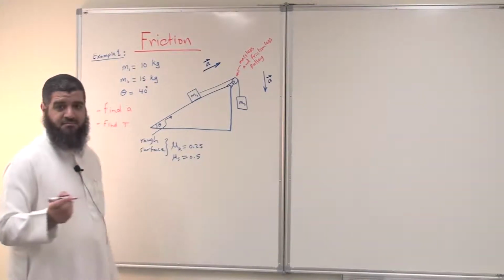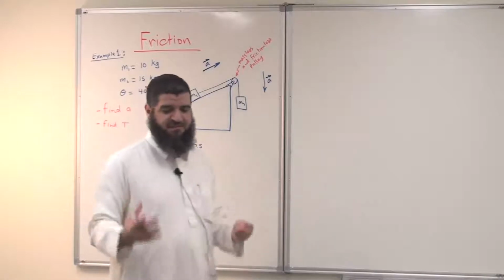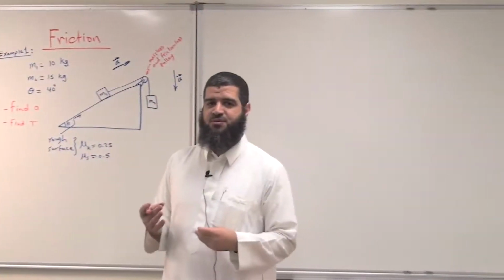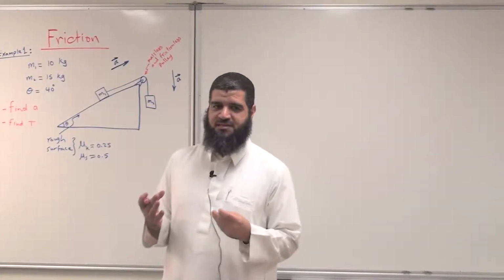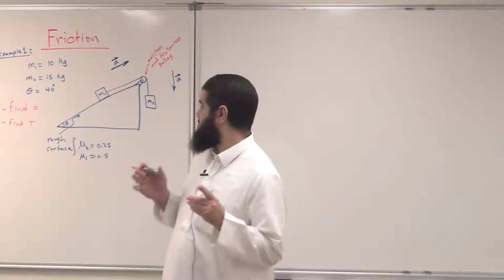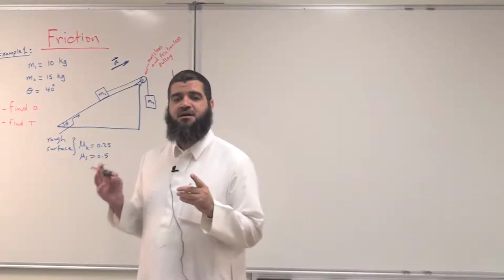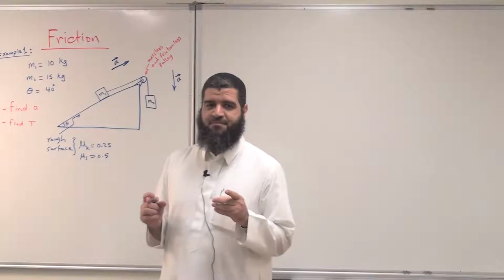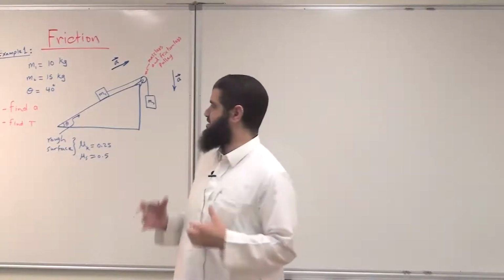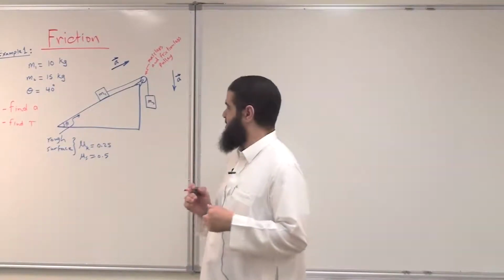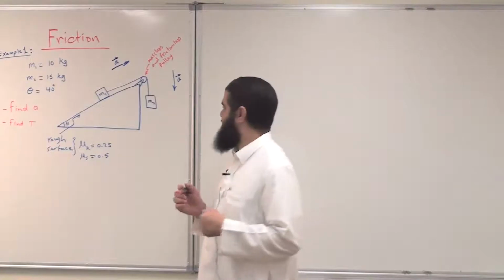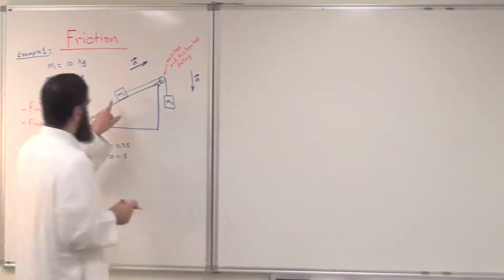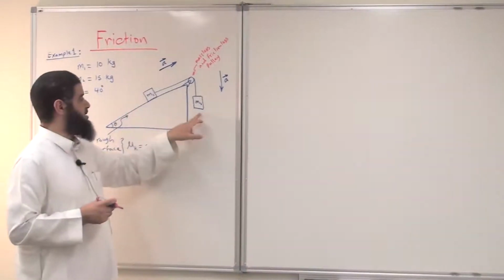Let us start. Always, the first starting point is to do what? Guess. Correct. We should start by drawing the free body diagram. This is always the first step in solving such problems. In a free body diagram, I have two objects. This is M1, that is M2.